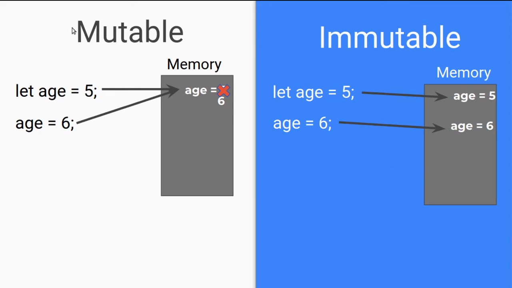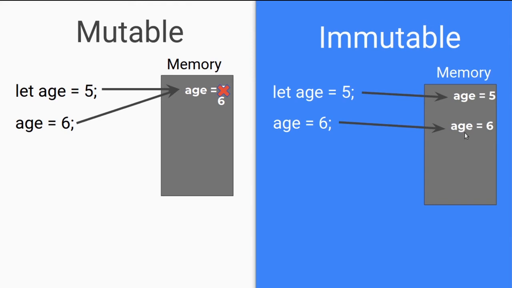So when you have mutable data structures, it basically overrides the value in the same address in memory, and when we have immutable data structures, instead of overriding the same address, it's going to create a new space in memory and put the same variable but with another value.